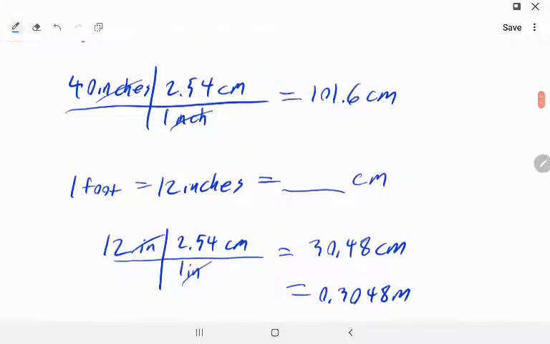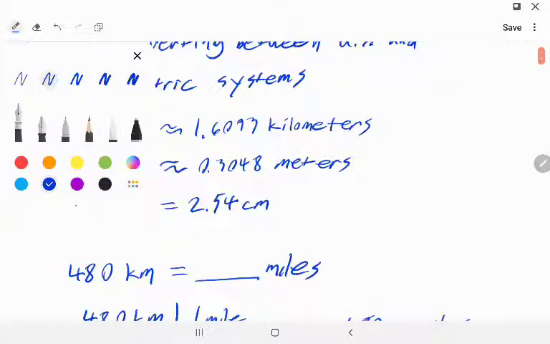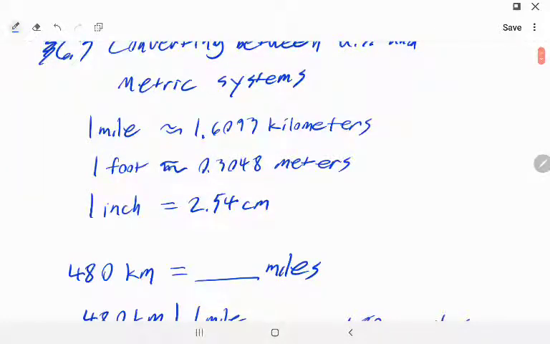So going with 4 decimal places, 1 foot is exactly 0.3048 meters.